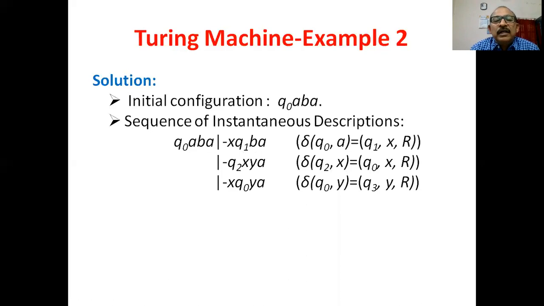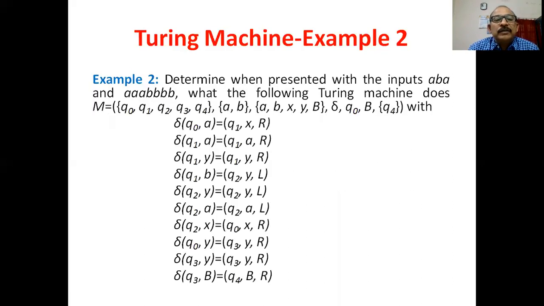What will happen if the current state is Q1 and the input under the tape head is B? Here Q1 and input B: the machine goes to the state Q2, replaces this B by Y, and this time moves in the left direction.